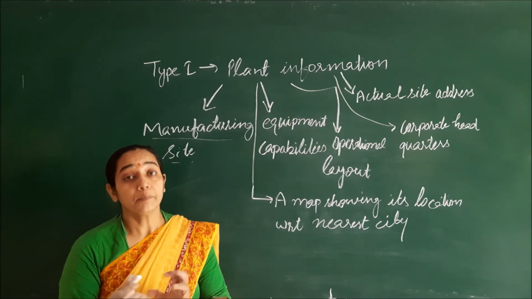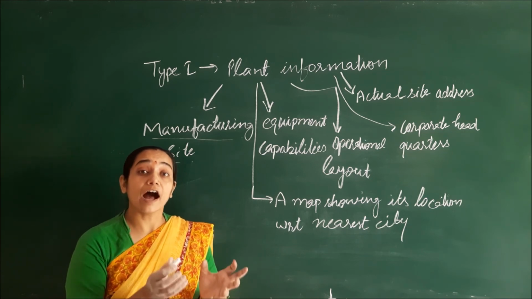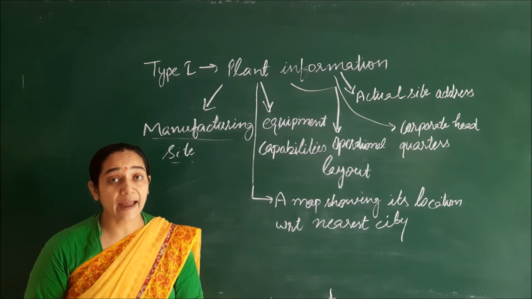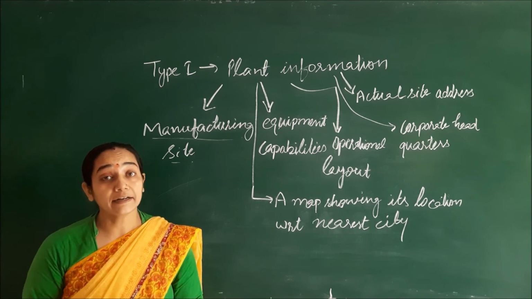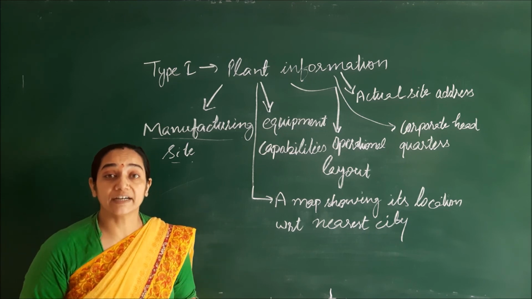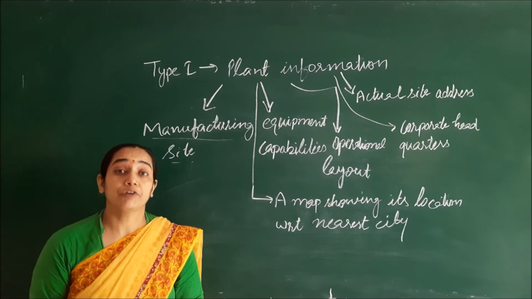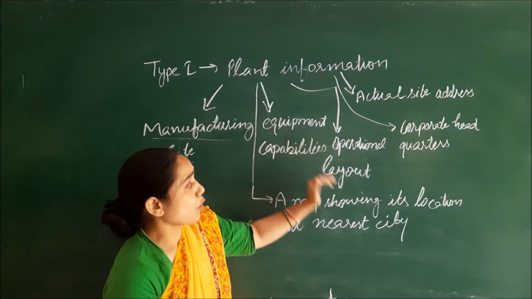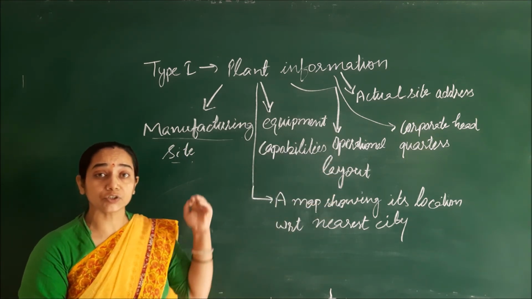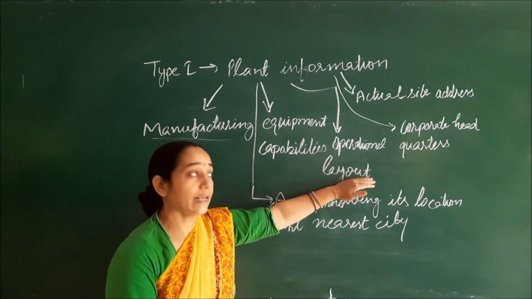After compression, the product will be stored in bulk containers, and then moved to the packaging area where it will be packed into suitable packaging material. Then there will be the dispensing area, in which they will be dispensed into smaller cartons and then into bigger cartons, and then there will be a dispatch area. In this way, how the operational layout works in the manufacturing site will be explained under the heading operational layout.